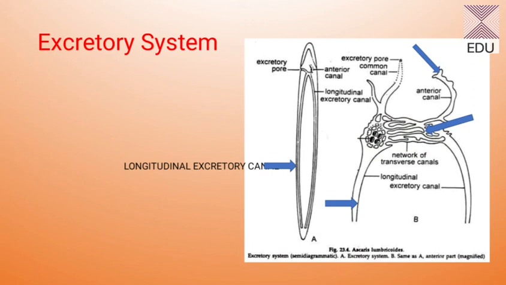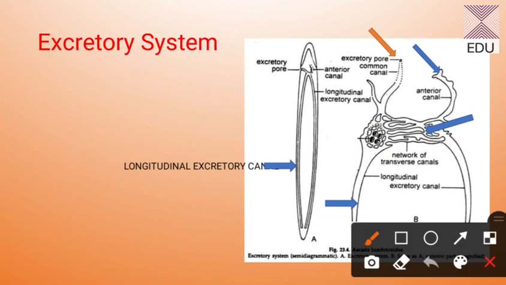So if we go further, this is the pore which is going out. Here you should be very clear that the urine is coming upwards in these two longitudinal canals. The whole of the excretory waste products are taken up by these two canals and it is coming upwards, and from the anterior canal it is going downwards.